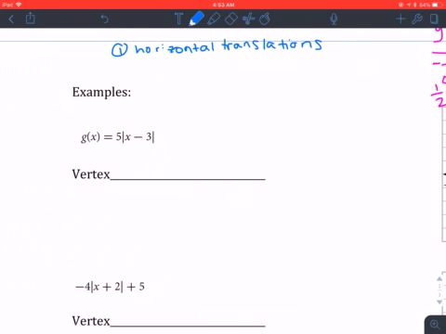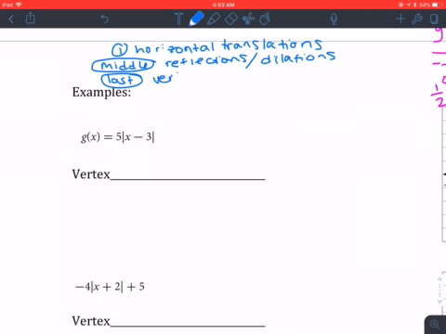And then anywhere in the middle, you can do your reflections and dilations, whether it's horizontal or vertical, all of that can go in the middle. And then last, you're always going to do your vertical translations. So that's your up and down.